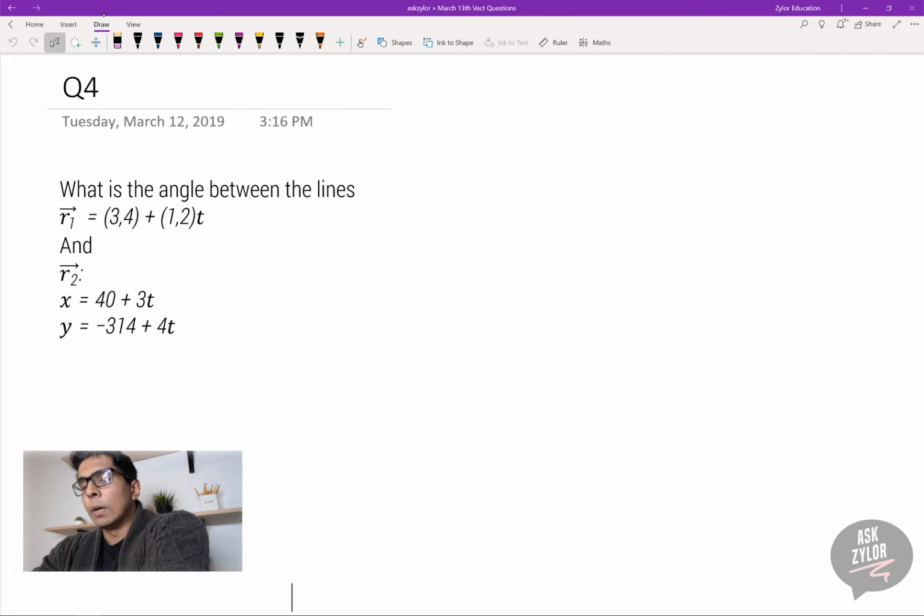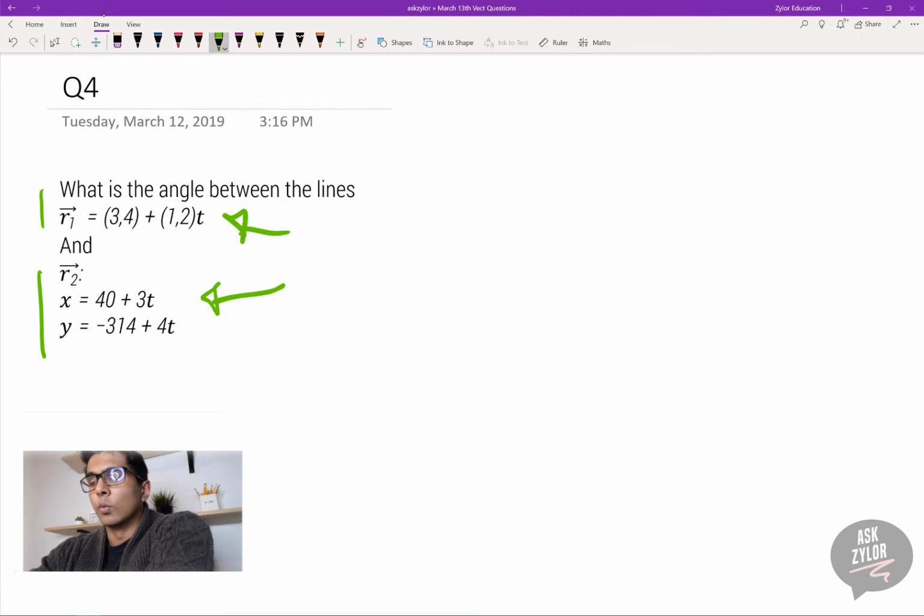So we're getting to more application type of questions, application thinking. So what is the angle between the lines? We're given a vector equation and two parametric equations. So this is one line, this is one line. So they're asking us to find the angle between the lines.